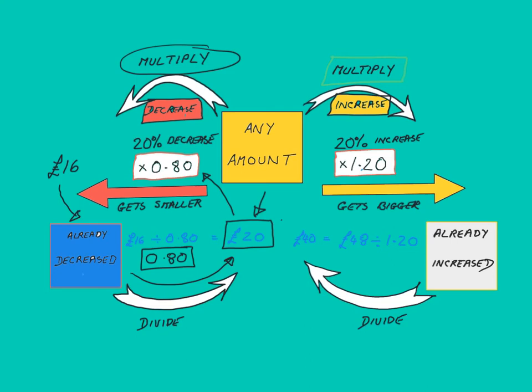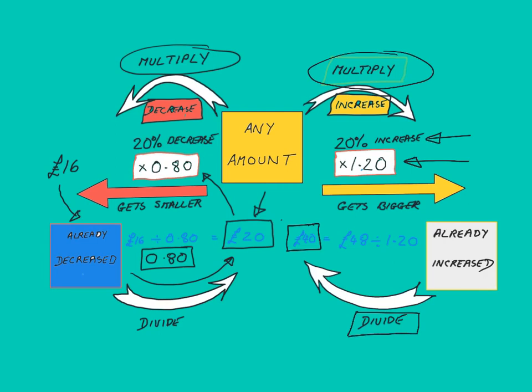Before it was increased by 20%, using a multiplier of 1.2, this item cost £40. Because to reverse a multiply, we have to divide.